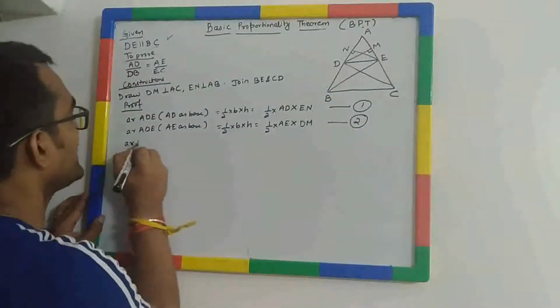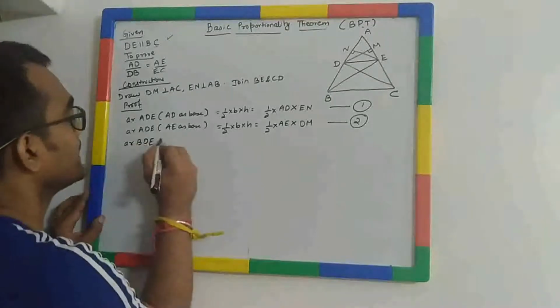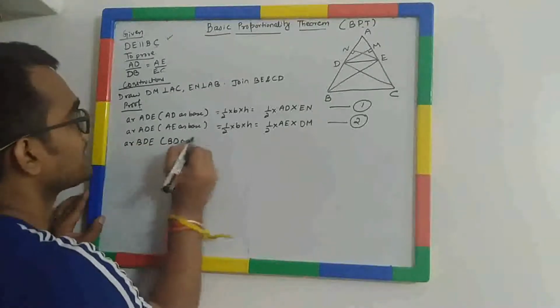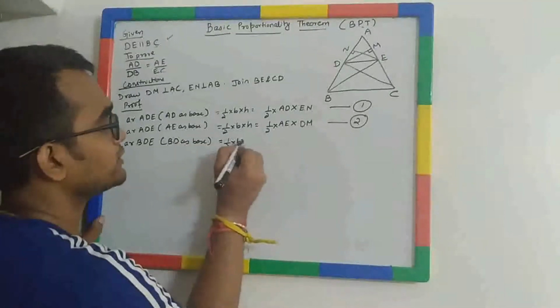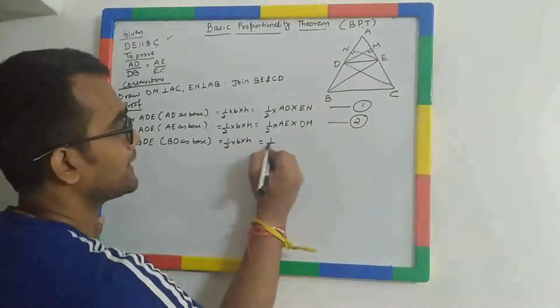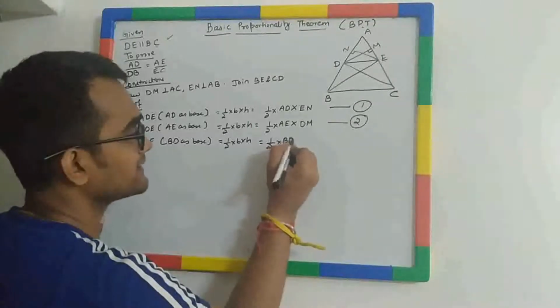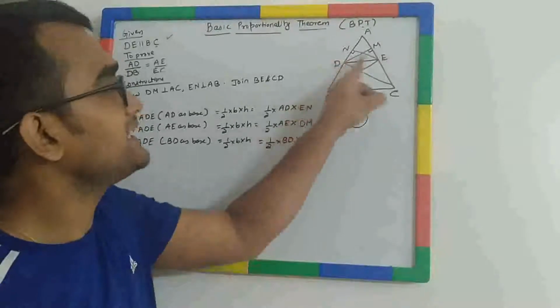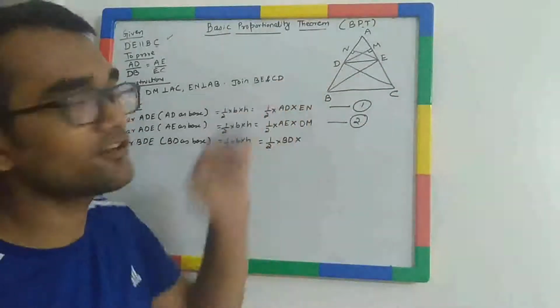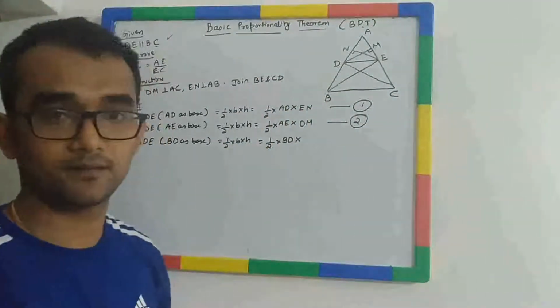Now I will find the area of triangle BDE by taking BD as base, half into base into height. Base, I have stated earlier, is BD. Now friends, in triangle BDE, in the interior of this triangle, there is no height.